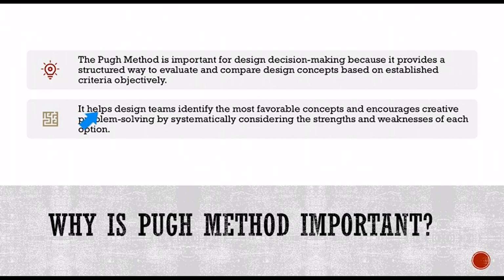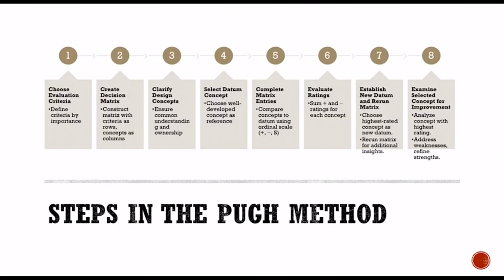It also helps the design team to identify the most favorable concept and encourages creative problem solving by systematically considering the strengths and weaknesses of each option or concept available.